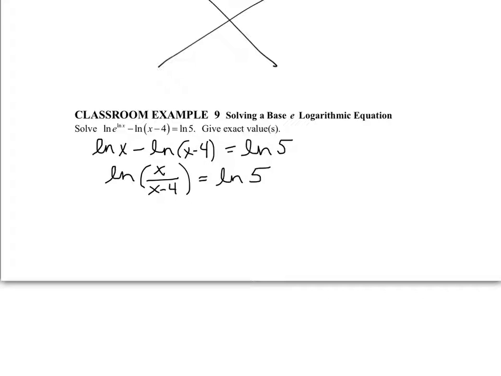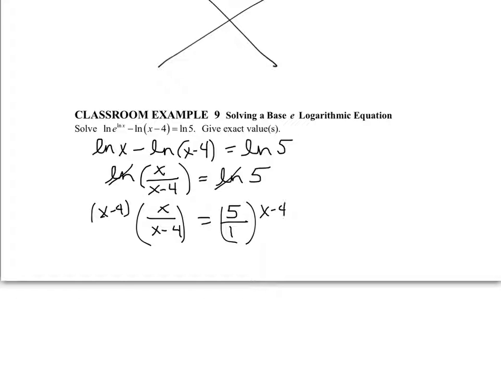Since there's a single log on each side, I can now drop those logs, and I have a simple proportion here. x over x minus 4 is equal to 5, or if you want to, write it as 5 over 1. You can cross multiply to solve, or you can multiply each side by the common denominator, which would be x minus 4, whichever way you prefer to do it.